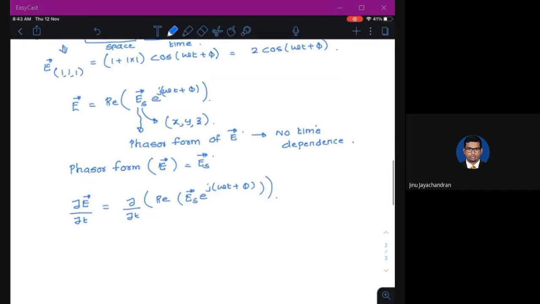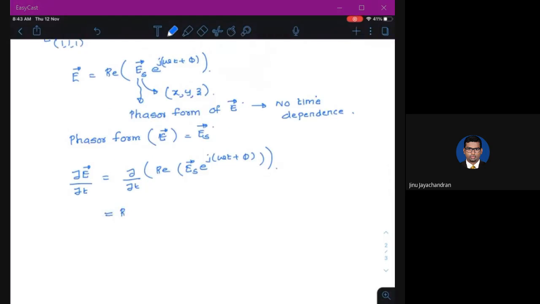So let's take dou by dou t inside the real part.